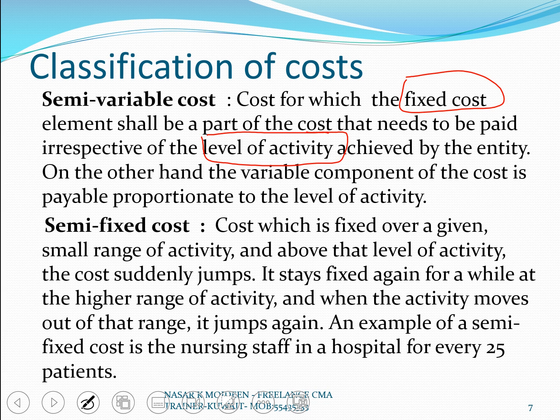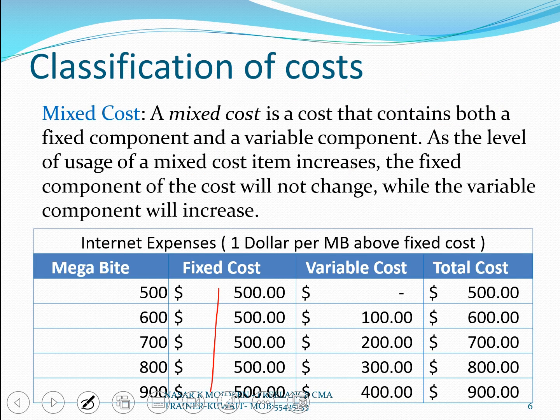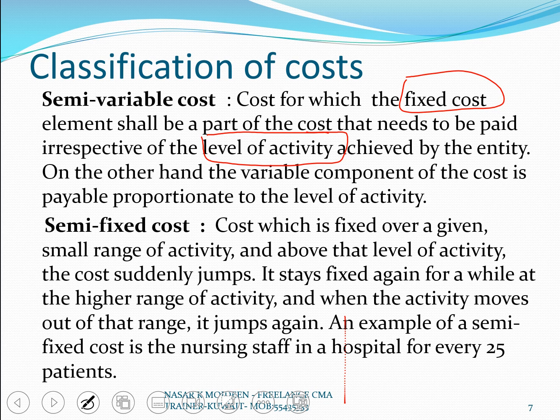And above that level of activity, whatever you do, you have to pay an extra amount. We have seen that in our previous example. Here you can see we paid fixed cost, and above 500 MB you are paying some cost, that is variable cost. So you have both components. That is what we call the semi-variable cost. Then we have semi-fixed cost.